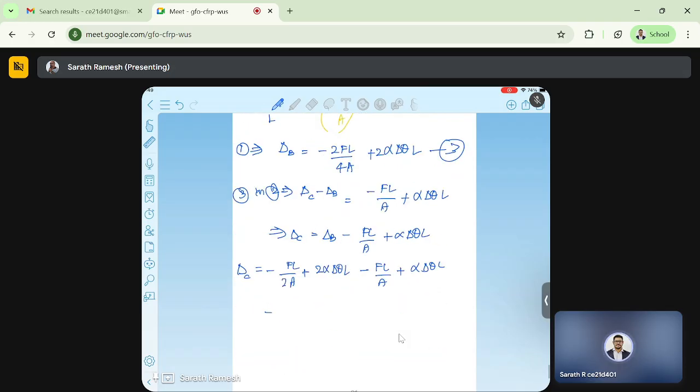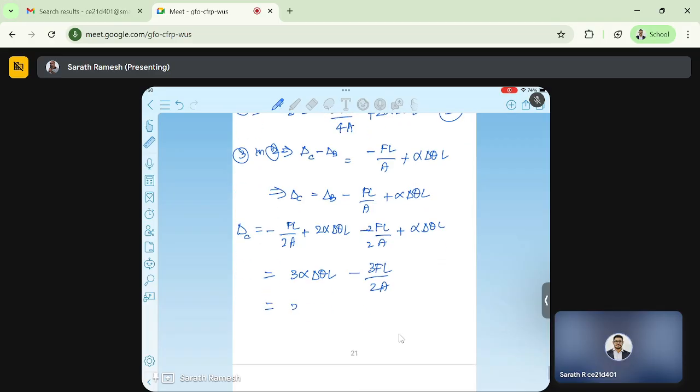So this equals 3 alpha delta theta L minus 3FL by 2A. 3 is common, L also can be common: alpha delta theta minus F by 2A.